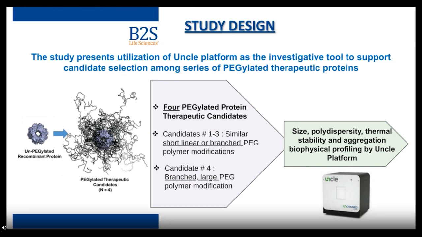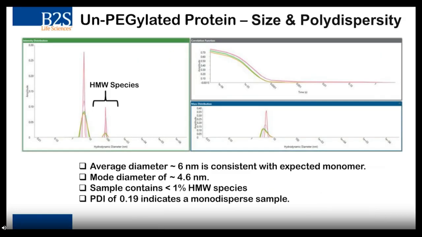They are referred to as candidates 1 through 4 for the pegylated enzymes, and candidates 1 through 3 have similar short chain PEG modifications, where candidate 4 has a much larger branched PEG chain. So that distinction will be important throughout this case study. And as with the previous case study, we used the DLS and Tm applications of the Uncle.